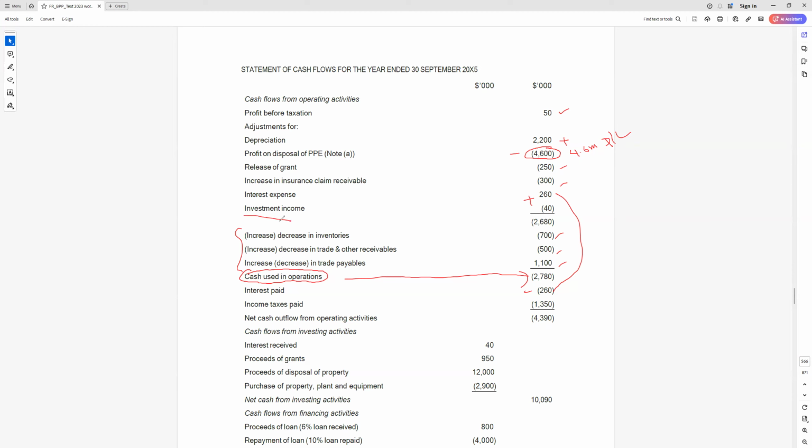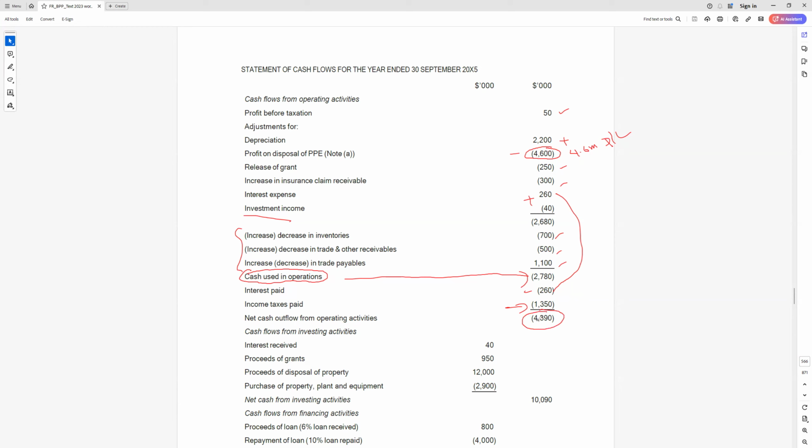All right. Then after we minus the interest and the income tax paid, once we have all this information, now we know net cash outflow from operating activities is 4390. Now it's very important. If you remember, we have discussed that if the cash flow from operating activities is showing negative, that's very dangerous.